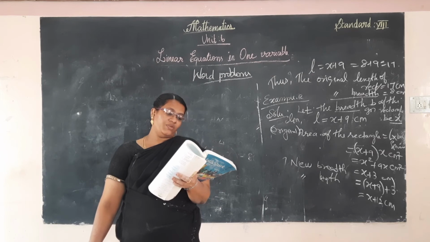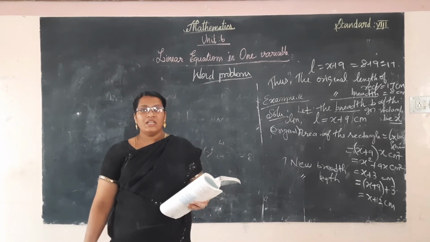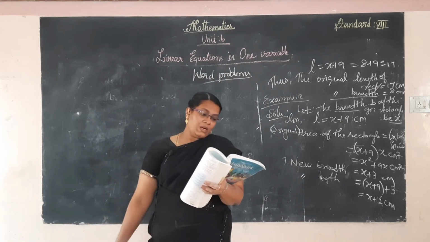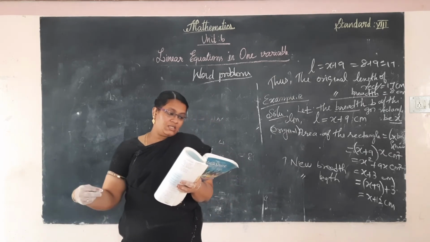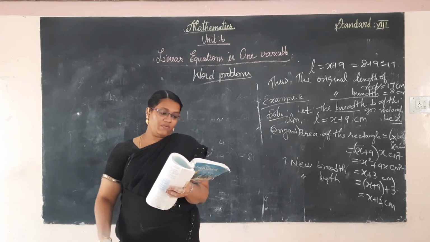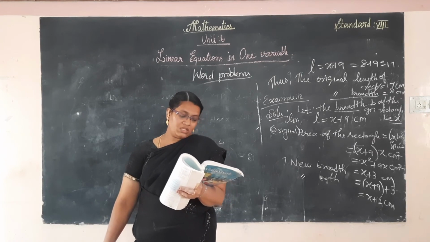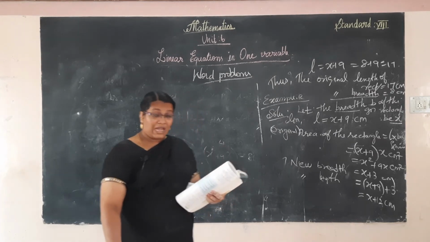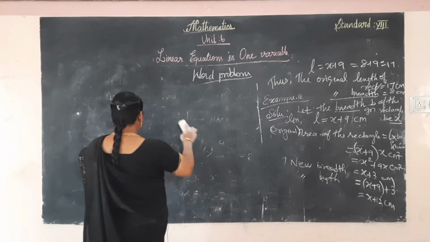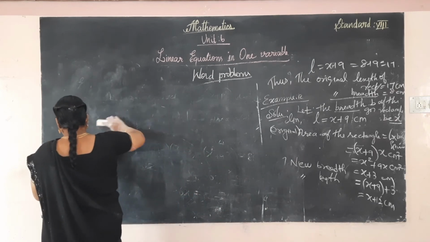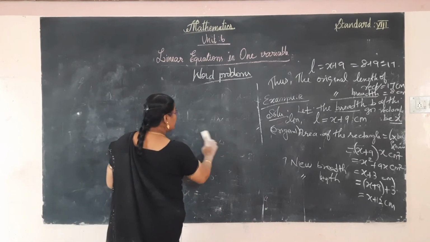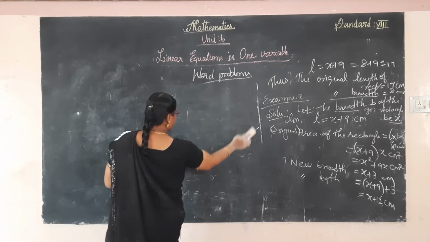So what is the formula for distance? Speed into time. Time is given, and the stream speed is also given. You have to find the speed of the steamer. So we use the formula: distance is equal to speed into time.